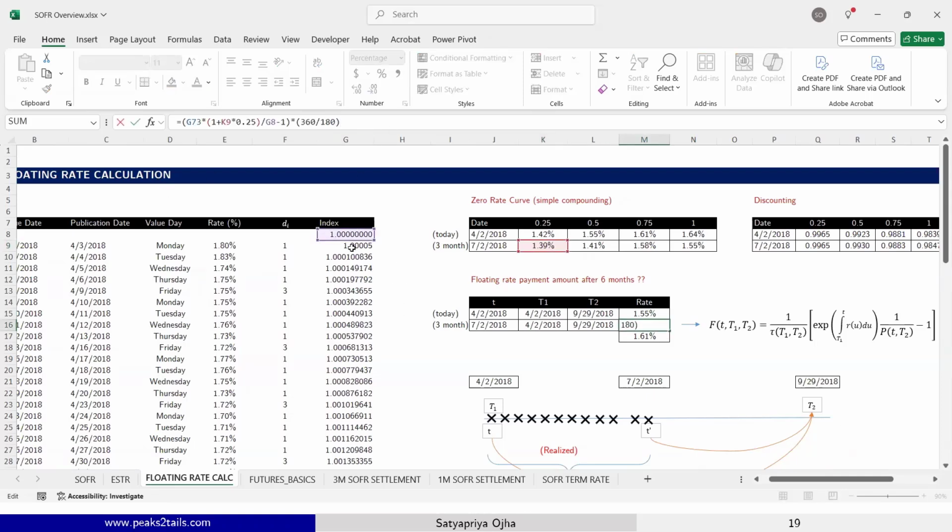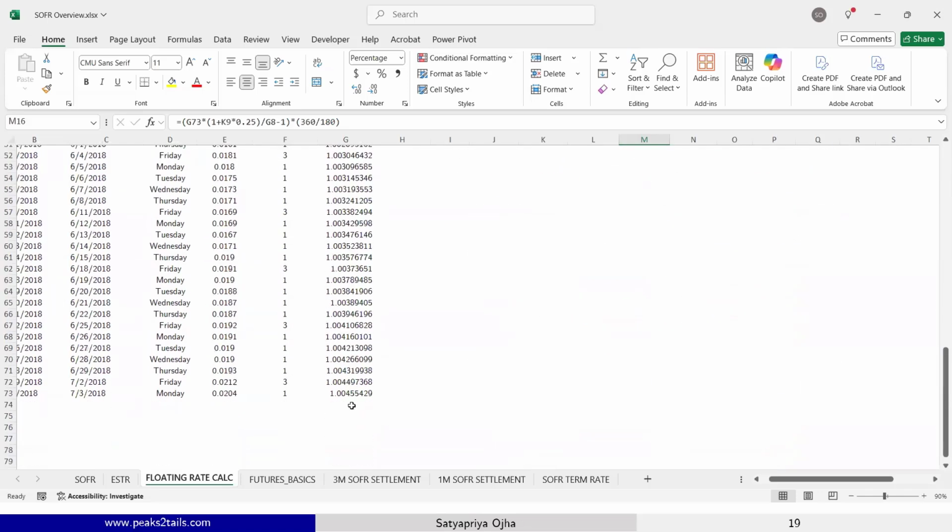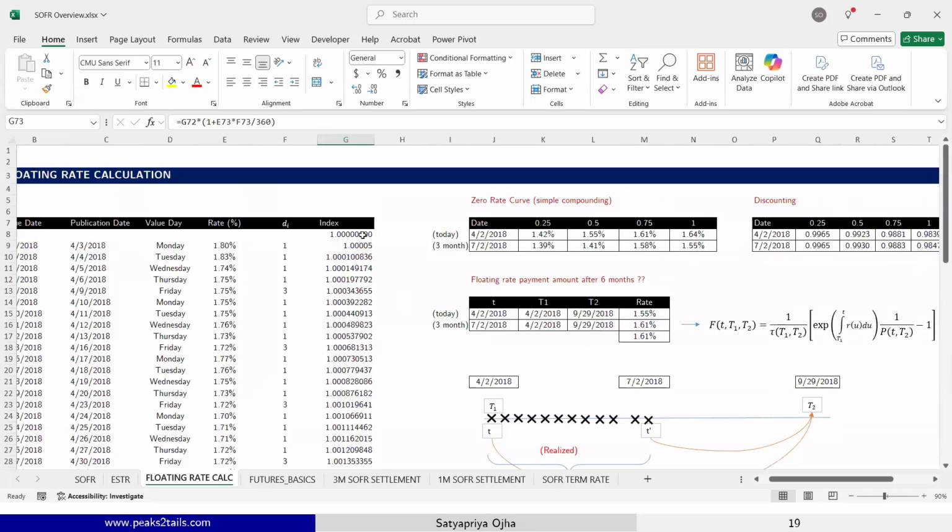See, a shortcut calculation. What I did is I used the index as a shortcut. The total compounding factor over the last 3 months is simply the final index divided by the initial index. That's the growth factor. So look at this calculation. G73 is the final index, divided by G8, the first index. So that's the growth factor, multiplied by this 1.39% rate for the next 3 months. So another compounding factor for the remaining period, which I'm taking from the rate curve.